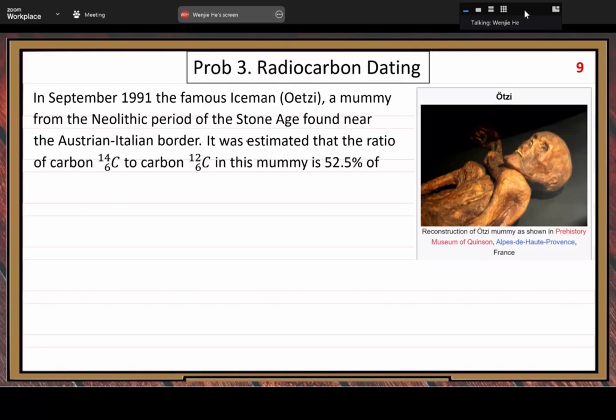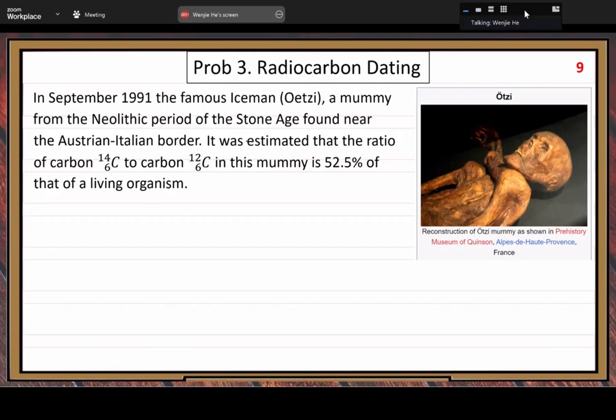I will explain the relationship. Carbon-12 in this mummy is 52.5% of that of the living organism. That is the ratio of carbon-14 to carbon-12 of a living organism.